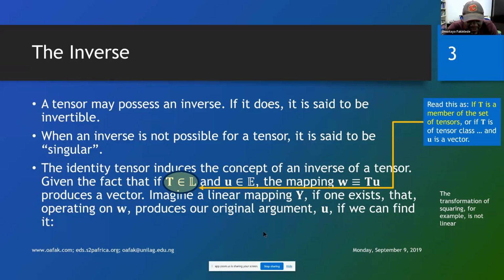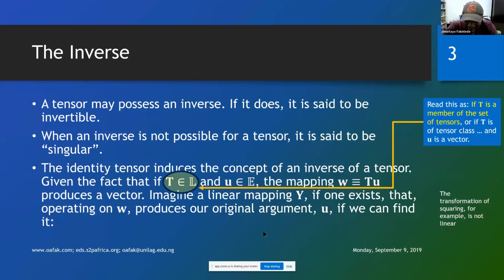Given the fact that T belongs to L, which you should read as T is a member of the set of tensors, and U is a member of the set of vectors, then the mapping W equals TU produces a vector, because when you operate T on U, it is a linear transformation of vector to vector, so W must be a vector.